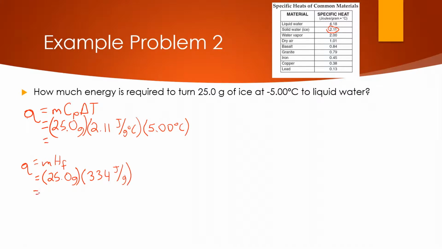And we'll need to plug each of these into our calculator and then add. The first one, I'm getting 264 because I need 3 sig figs, joules. And for the second one, I'm getting 8,350 joules.